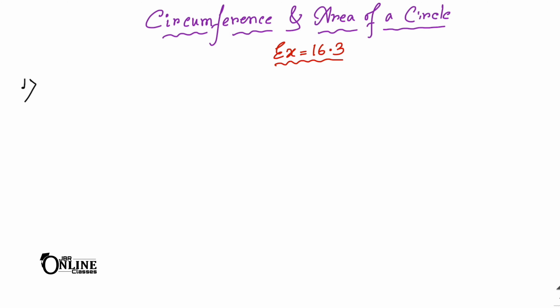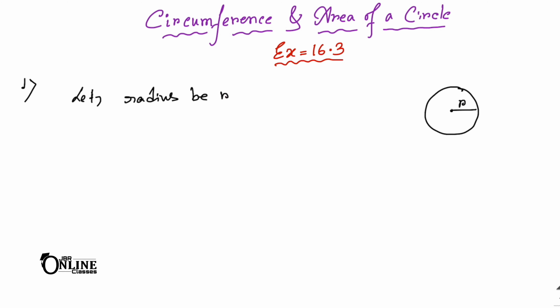Find the length of the diameter of a circle whose circumference is 44 centimeter. So guys, suppose this one is a circle and this one is the radius. Suppose R is the radius. So first let the radius be r.